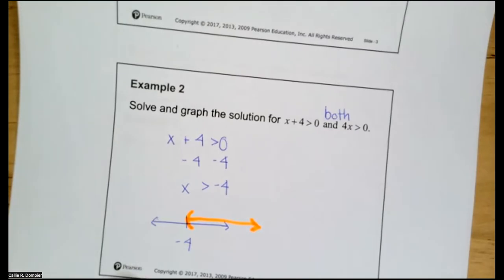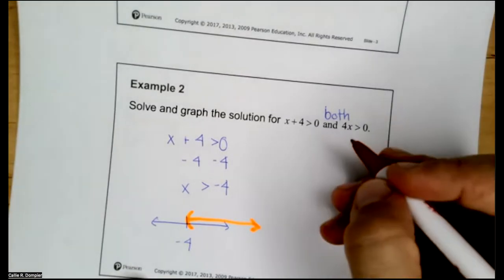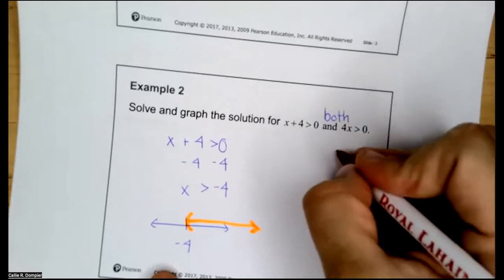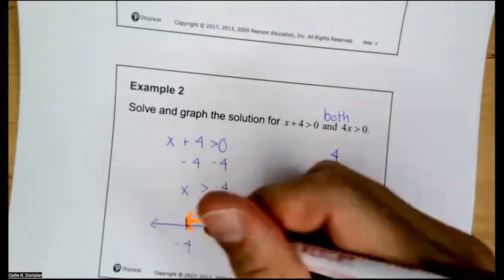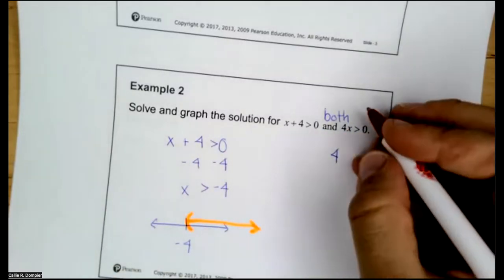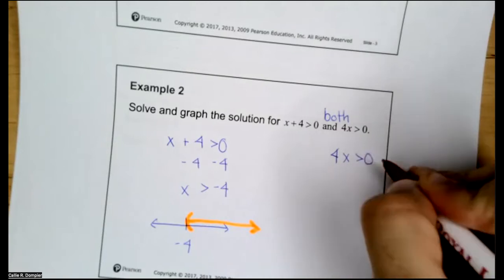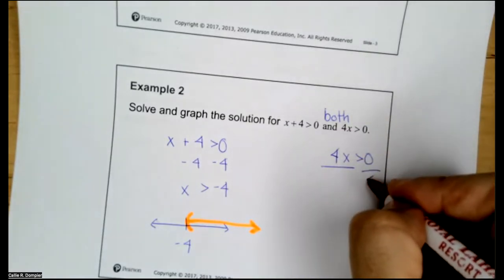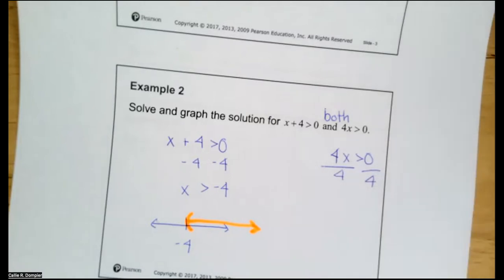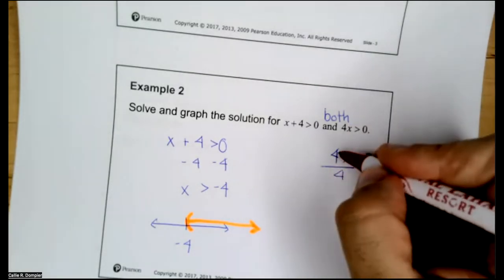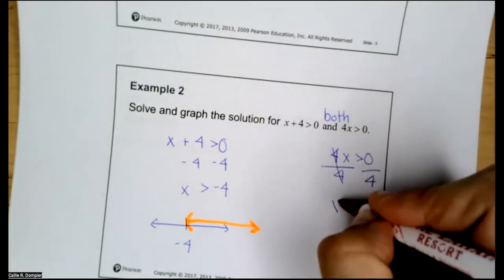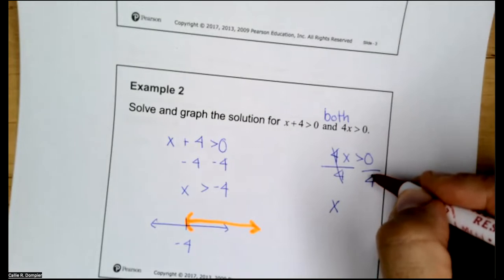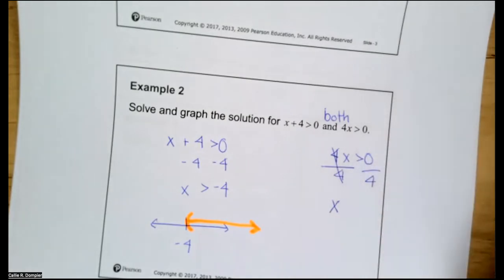Good. All right. That is not our answer because we also need to find both. So it's both everything greater than -4 and for this one, I just need to divide both sides by 4. Don't be scared that this is a 0. Treat it as 0 like any other number in this case. 4x divided by 4 leaves us with x. We don't need to flip this sign because this is not a -4.